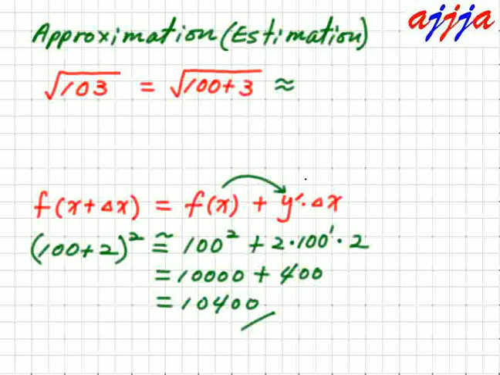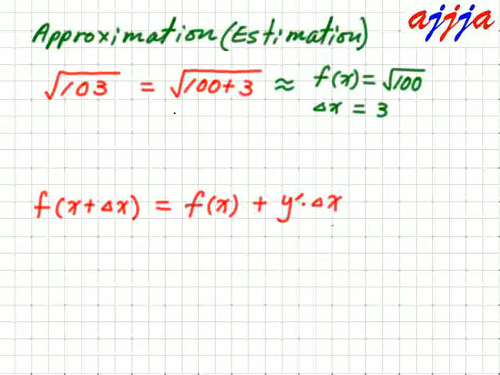Let's try this one then: square root of 103. That means 103, you can change to 100 plus 3. So f of x is going to be what? That's the square root of 100, so square root of 100 is easy. Now what is delta x? Delta x is 3 this time.